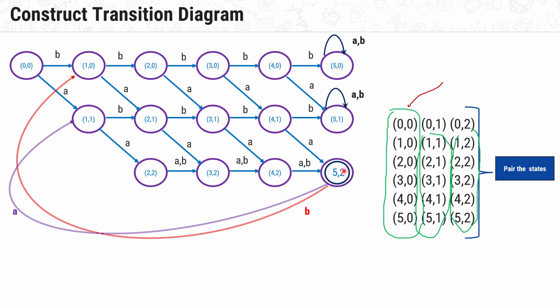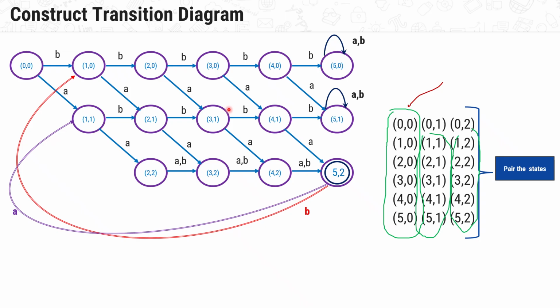So after reaching the first block, it is accepted, but for the second block it may start with A, and it will go to the 1 1 state, or if the second block starts with B, it will reset to 1 0. So like that you can write the transition diagram.